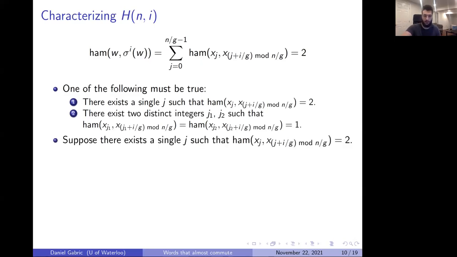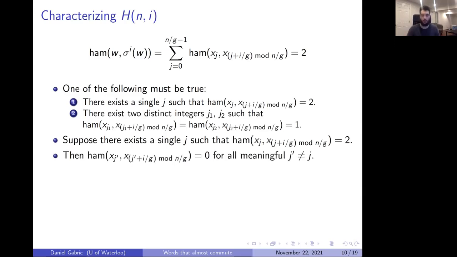And first, let's assume that the first is true. So assume that there exists one j such that the Hamming distance between x_j and x_{j + i/g mod n/g} is 2. Well, like I said before, that would then mean in order for this sum to evaluate to 2, all the other parts of the sum would have to give 0 contribution. So the Hamming distance of all of those must be 0.